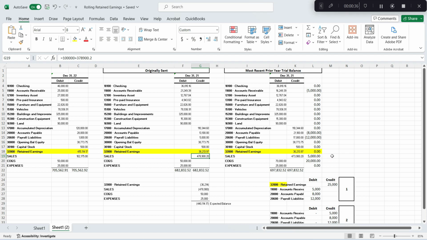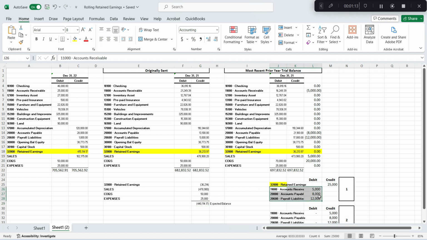So that's a credit of $5,000 to retained earnings. Cost of sales increased by $20,000. Well, we need to decrease it, so that's a credit of $20,000. So instead of going to the income statement accounts, I start off with a credit to retained earnings. I know I need to plug in $25,000 to get this $444,000 in the current year. That credit balance of $415,000 plus $25,000 gives me my expected balance.